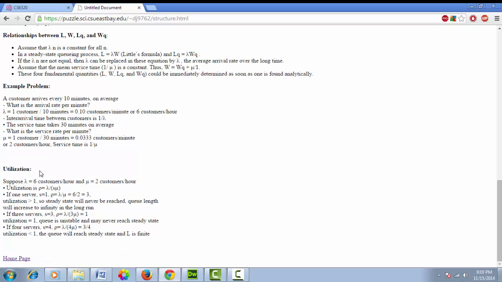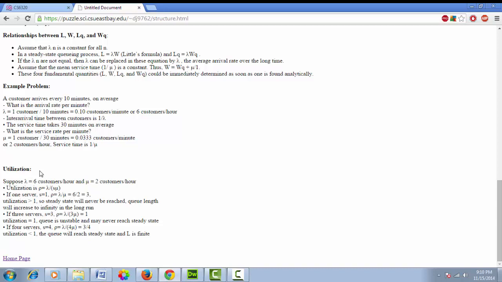Similarly, there is a calculation to find out the utilization. Suppose lambda is equal to 6 customers per hour and mu is equal to 2 customers per hour, then the utilization rho will be lambda by s into mu, where s is the number of servers. Here you have one server, so it is 6 by 2 into 1, which is 3. Utilization is greater than 1, so the steady state will never be reached and the queue length will increase and go to infinity.